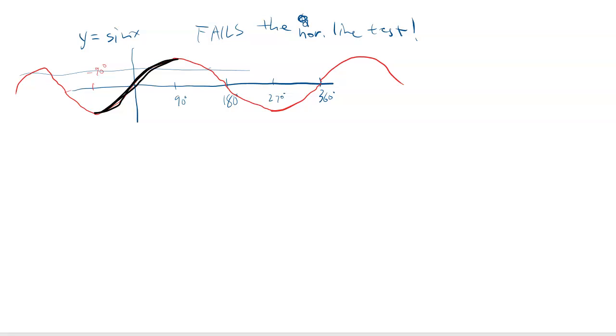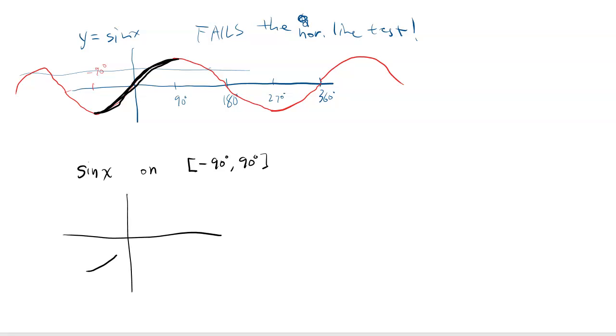In other words, if you take sine of x and restrict it to negative 90 degrees to positive 90 degrees, then the resulting graph looks like this, and any horizontal line that you draw is going to pass through the graph only once. So it passes the horizontal line test.